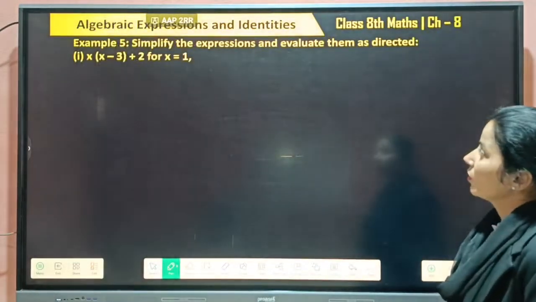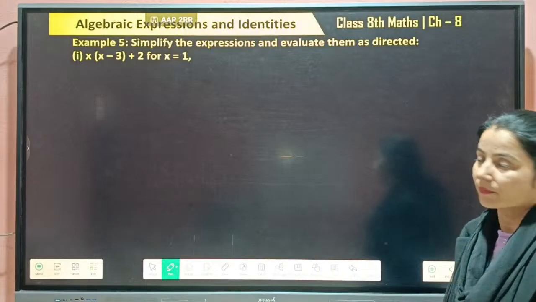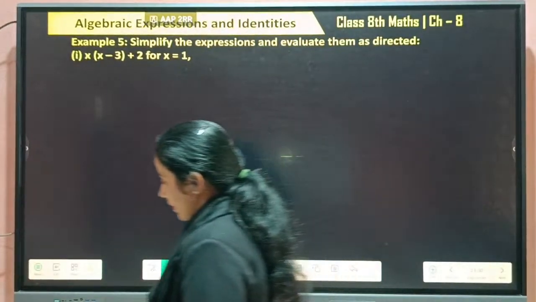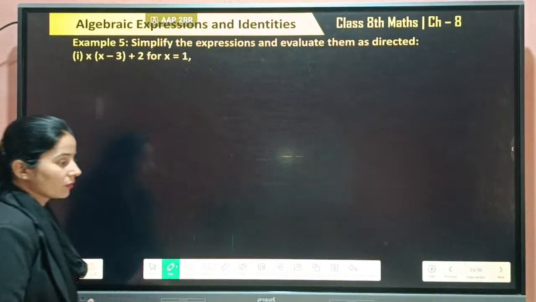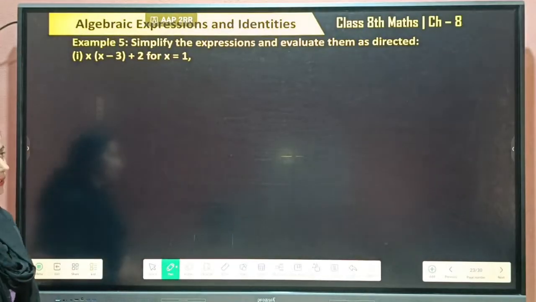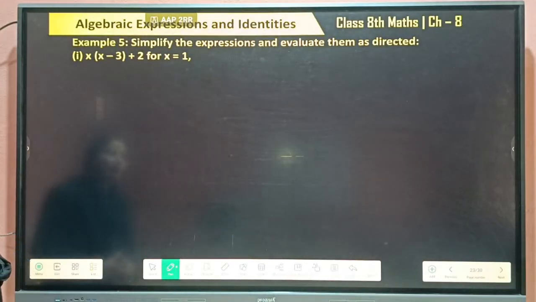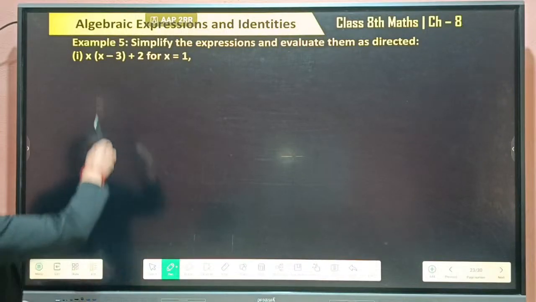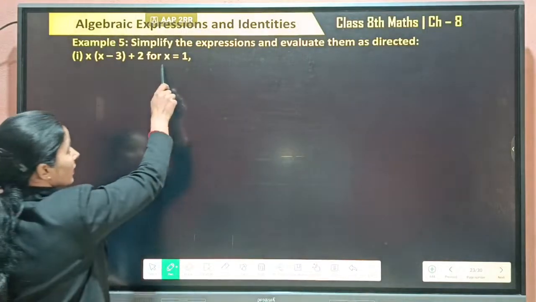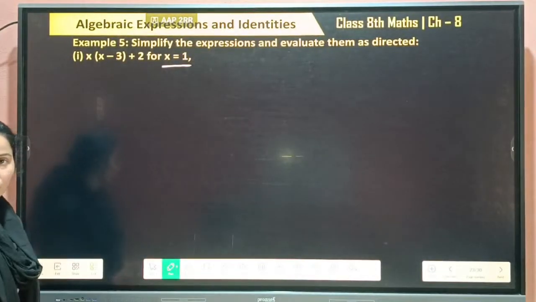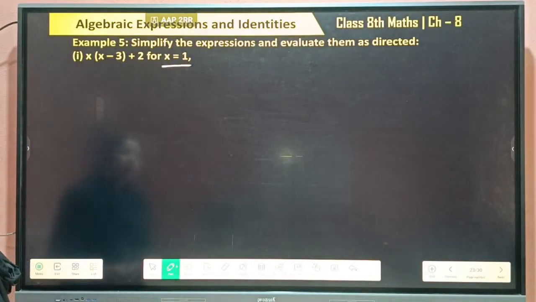Now let us see example number 5. Our exercise 8.2 is completed. Now these are examples of 8.3. Simplify the expressions and evaluate them as directed. First we need to simplify, and after that we have to find its value at x equals 1. So there are two questions.